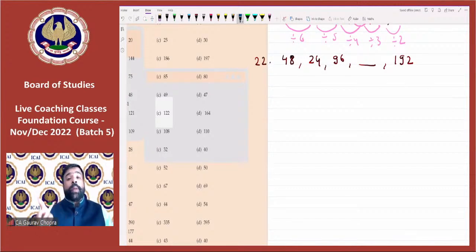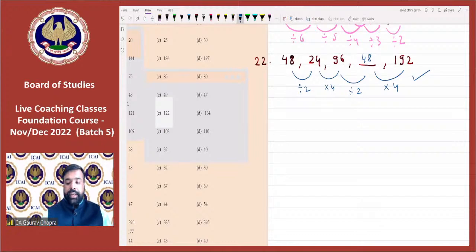We can see that from 48 to 24, it is just half, that is divided by 2. From 24 to 96, it is multiplied by 4. Then what should be the next logic? If we try the same logic again, that is divide by 2, it becomes 48. And we check multiply by 4, it is 192. That means again our logic is correct and the answer will be 48.